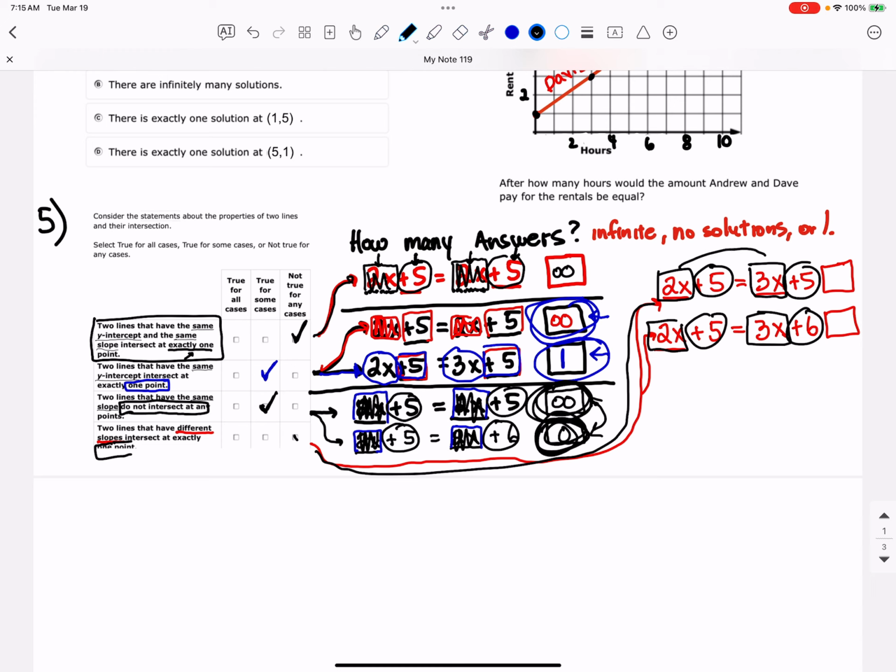So let's see, 2x and 3x, well, if they're different, it's just a normal old math problem, you're going to have 1 answer. Doesn't matter what your back number is. 5 and 5 doesn't matter. 5 and 6 doesn't matter. If the x's are different, you're always going to have 1 answer. They intersect at one point. Intersections are answers. Yes, true, always. No matter what, you're going to have one answer.